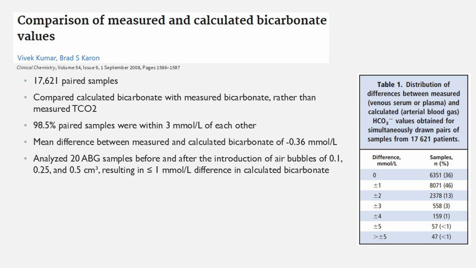They found that 98.5% of these paired samples were within 3 millimoles per liter of each other, and the mean difference was 0.36 millimoles per liter. They also took 20 of those samples and introduced air bubbles of different amounts, and found less than 1 millimole per liter difference after introducing the air.